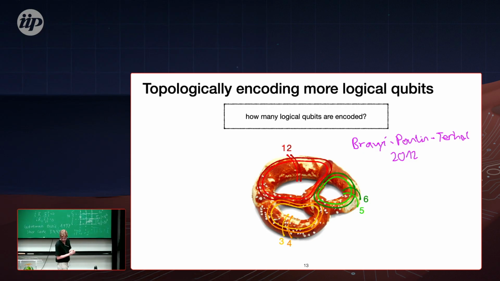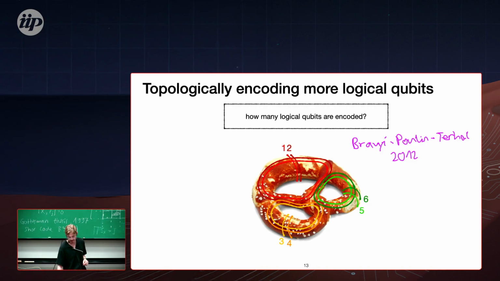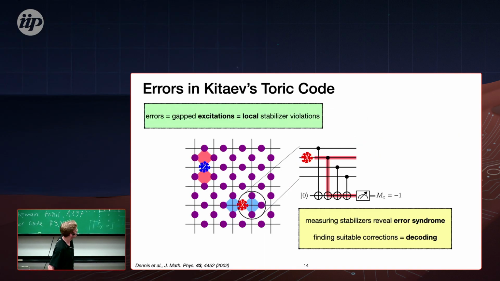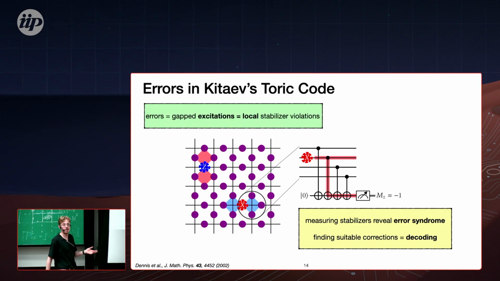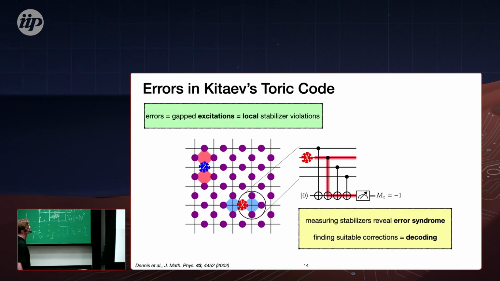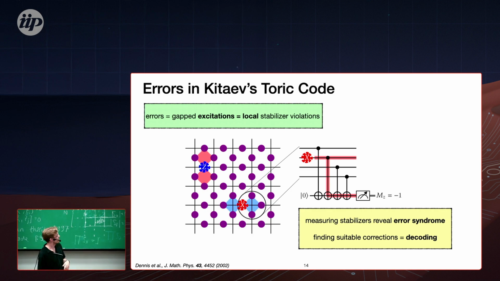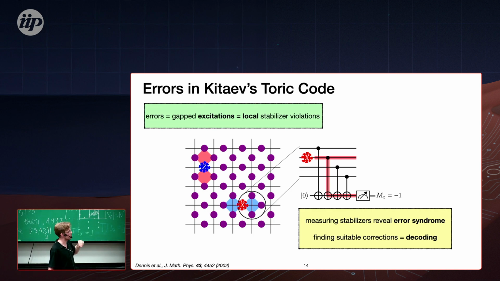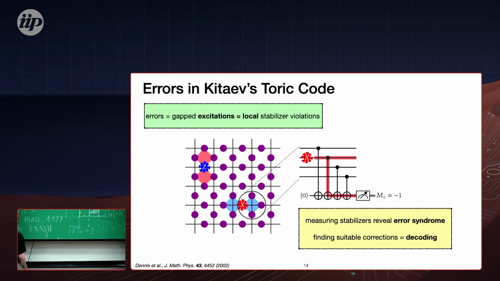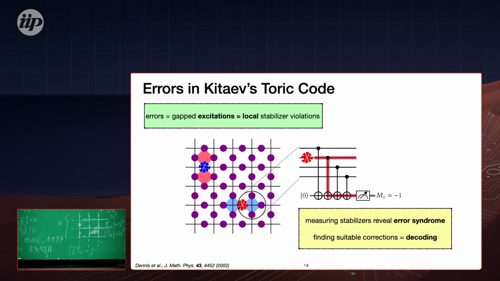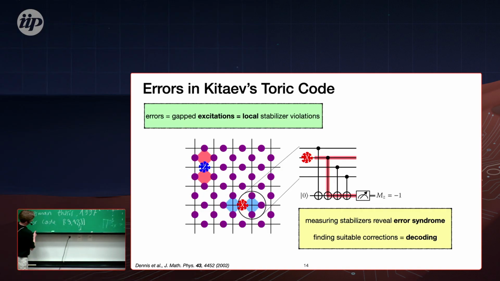Okay, now we will look at how errors are detected and how we can correct errors in this toric code. So again, we will measure those stabilizers like in the repetition code in order to detect errors. And then from these syndromes, yesterday we wrote down a lookup table. So we had these different syndromes here.